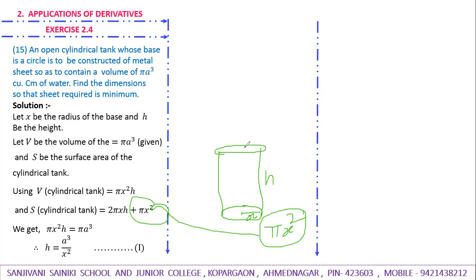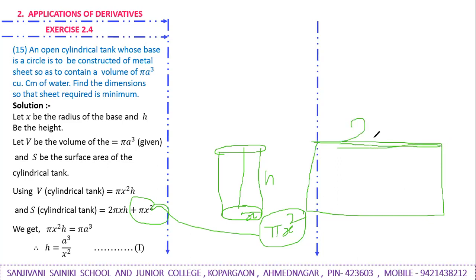If we cut this cylinder, we get a rectangular sheet whose length is 2 pi x, the circumference of the circle, and its breadth is h. So 2 pi x h is the area, and this base area is pi x square.